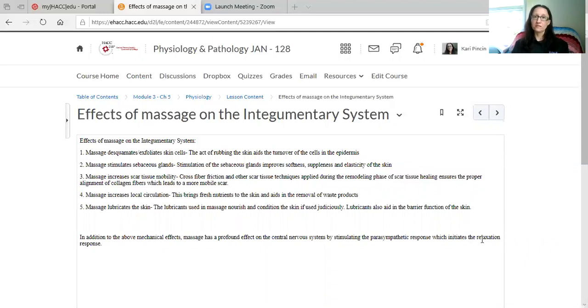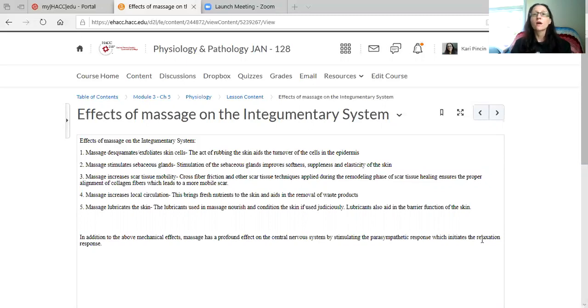And then you have reflexive. Reflexive typically involves the nervous system and the effects of massage on the nervous system. So I'm going to try to go through these and tell you which ones are mechanical and which ones are reflexive as we go through the effects of massage on all of the systems, not just the integumentary system.